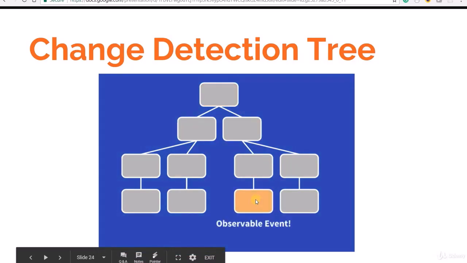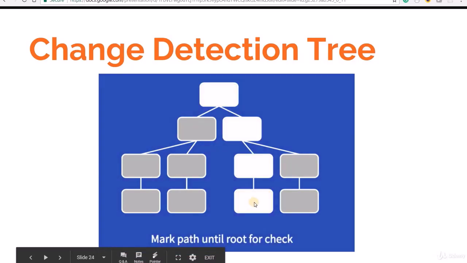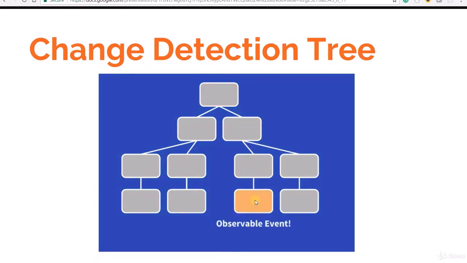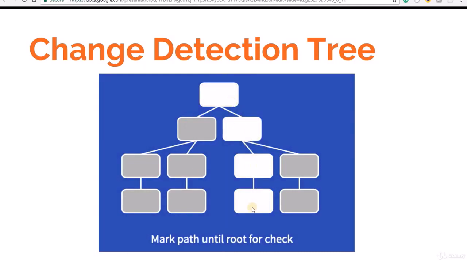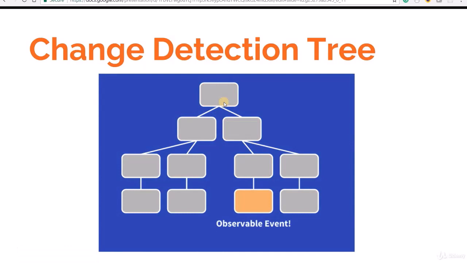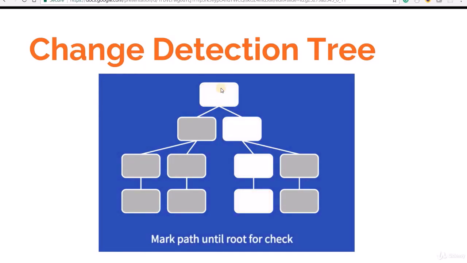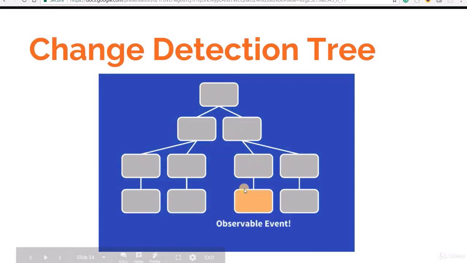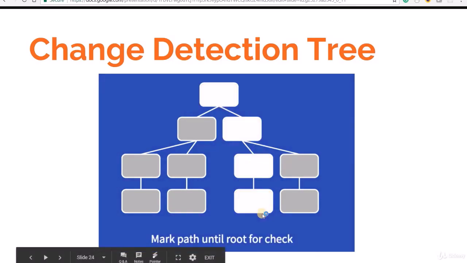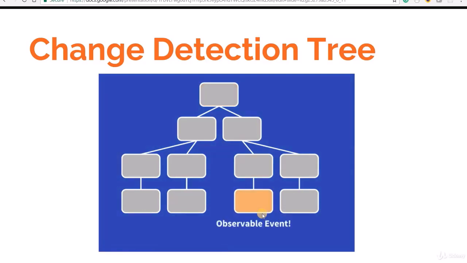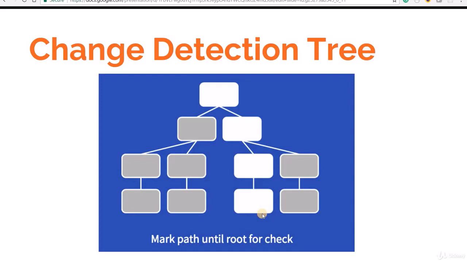If this particular component in this component tree changed, it will select this particular path up to the root to be checked, and then when change detection is performed, it will start from the root component and trigger down this particular path. This is generally the case when you have set the change detection strategy to on push. All right, so this was it regarding change detection.